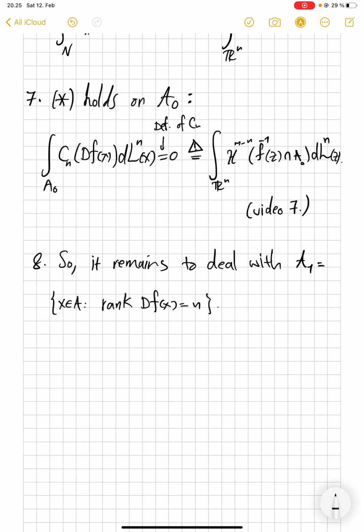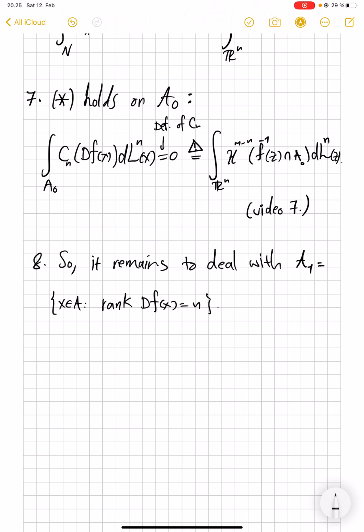The previous points also tell us that this is the only set which could contribute anything other than 0 to either side of the Coarea formula. If this set A1 is a null set, that's the end of the story. Again, we apply the Coarea inequality, we're done.